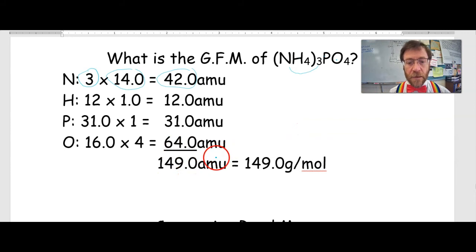The difference between the atomic mass or the formula mass and the gram formula mass is just the units. All we have to do is take our atomic mass units and erase them and write down grams per mole. That's how we get our gram formula mass. Thank you, Avogadro. That's all that conversion is.